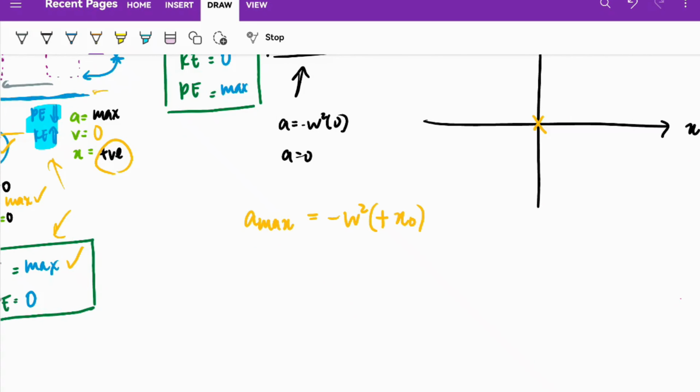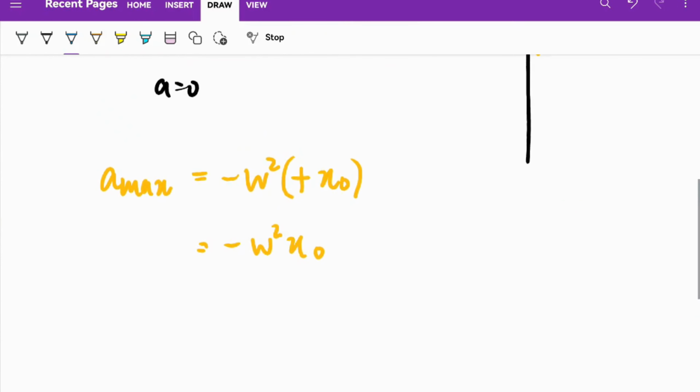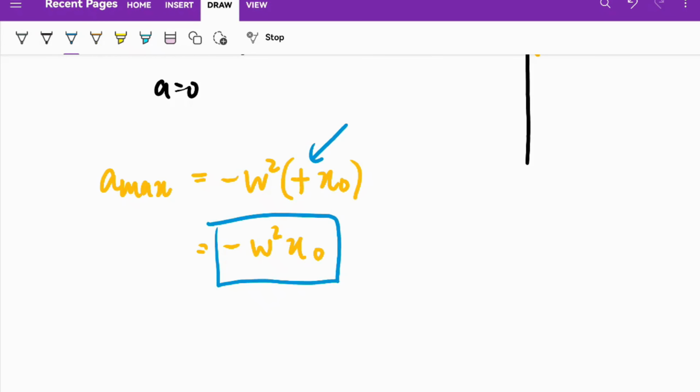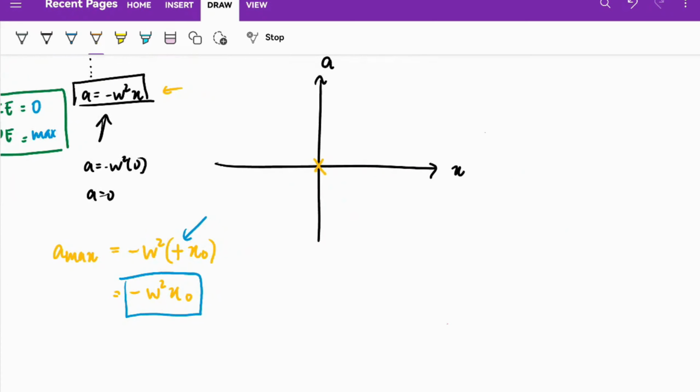X naught is my amplitude, the maximum displacement. So I get negative omega squared X naught. Realize something here: when my displacement is positive, my acceleration is negative. And it's true, because remember we said it's always in the opposite direction. So our next point: let's say this is my X naught and I have a negative acceleration.